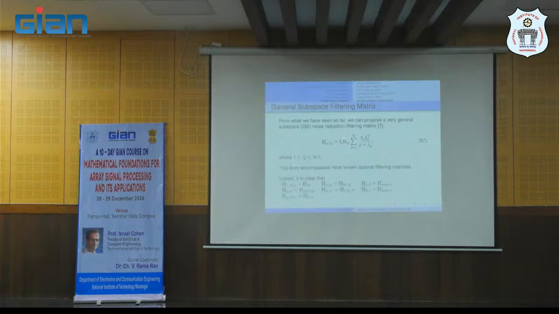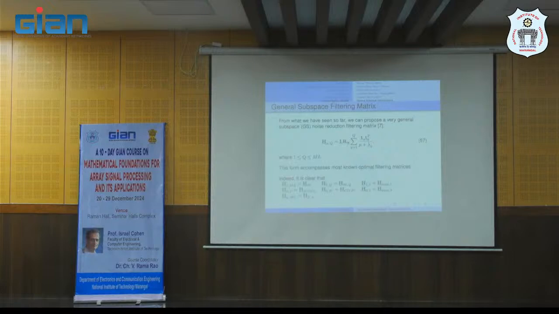Mu is larger than or equal to 0, so it can be 0 or larger than 0. As we increase mu, we give more emphasis here, so we reduce more noise.